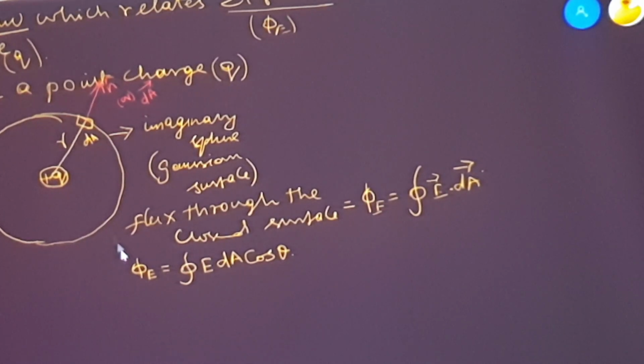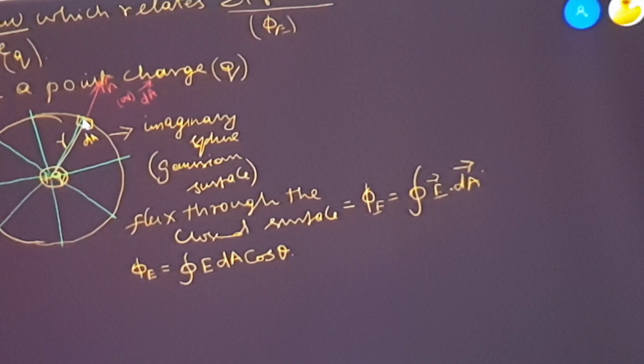Now, when you are drawing electrical lines for this charge, since this charge is a point charge, the electrical lines will be acting radially outwards. The electrical field will be acting radially outwards. This line is also an electrical line of force acting radially outwards.